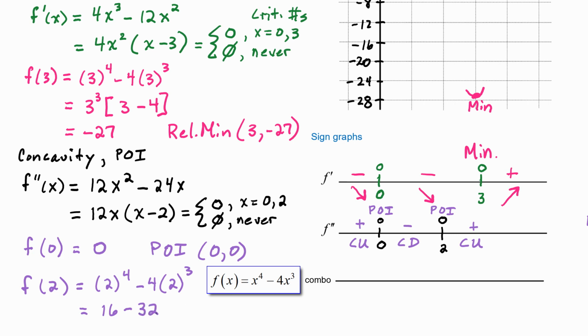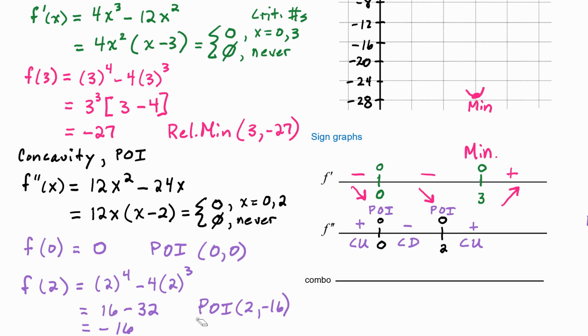So we're subtracting 32, and this is -16. So we know we have a point of inflection at (2, -16).